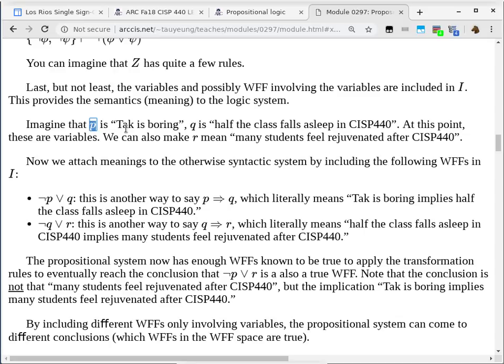Is that okay? So iota doesn't have to say that P is known to be true, or R is known to be true, or Q is known to be true. Iota can contain expressions like this: not P or Q, which means it is a known fact that tech is not boring or half the class falls asleep in cisp440 is true.